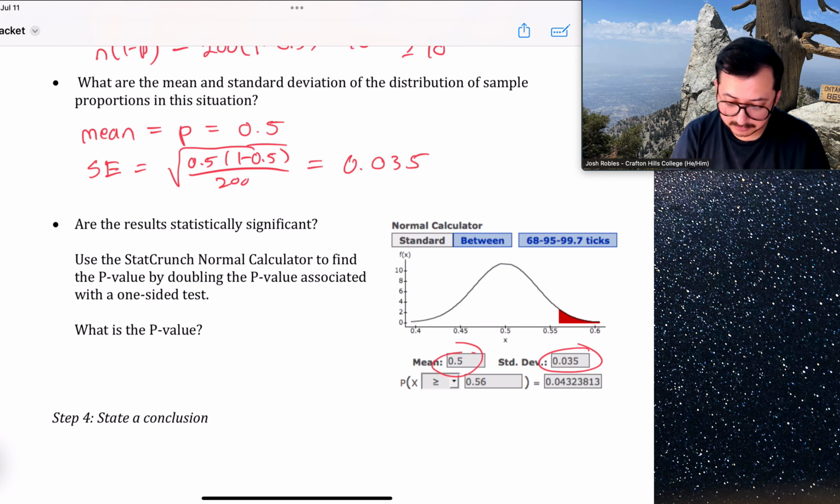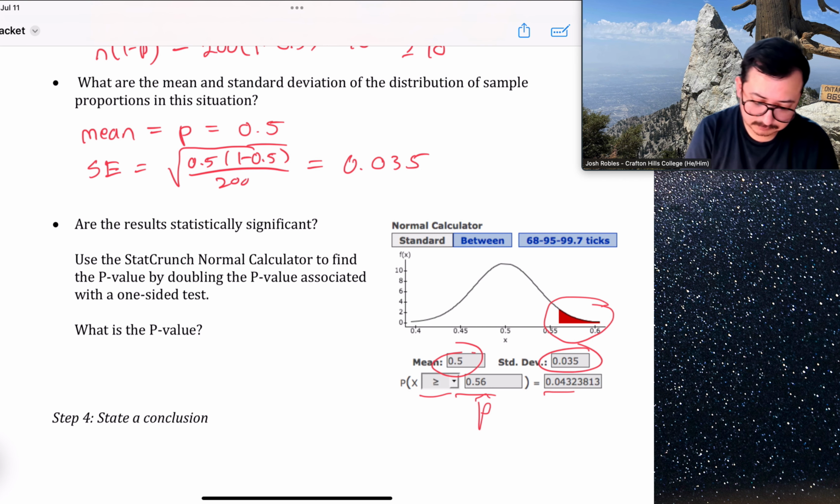Okay, so what is the p-value? The p-value is this red area here. 56% was our sample value, p hat. And this area is about 4%, 0.04.